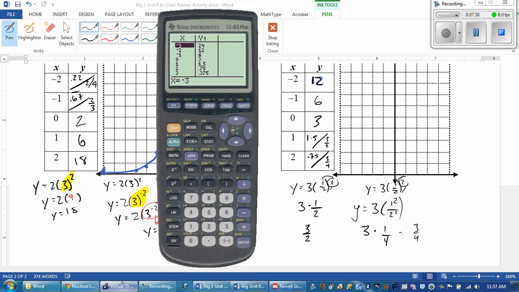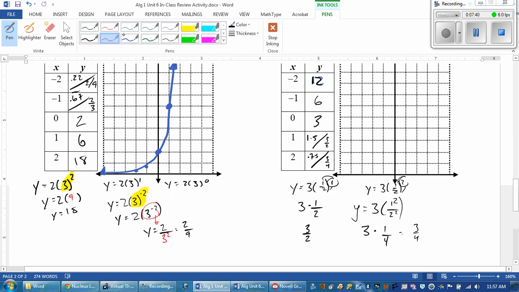Okay. All right. Now, to graph it, there you go. That's what it should look like. We've got our points. Let's go ahead and graph. So at -2, I'm at 12. That's too high. I can't do it. At -1, I'm at 6. So 1, 2, 3, 4, 5, 6. At 0, I'm at 3.